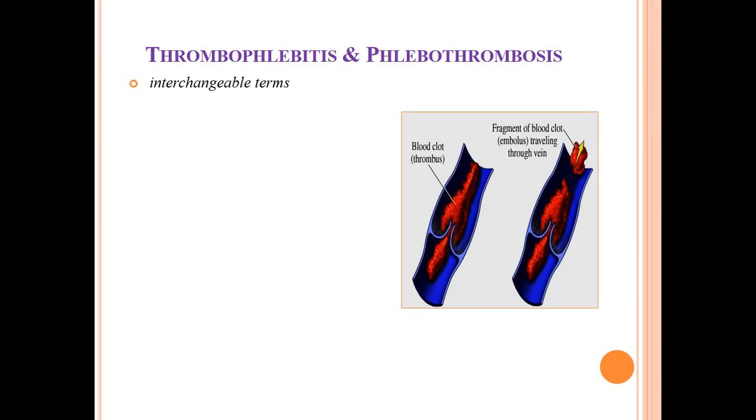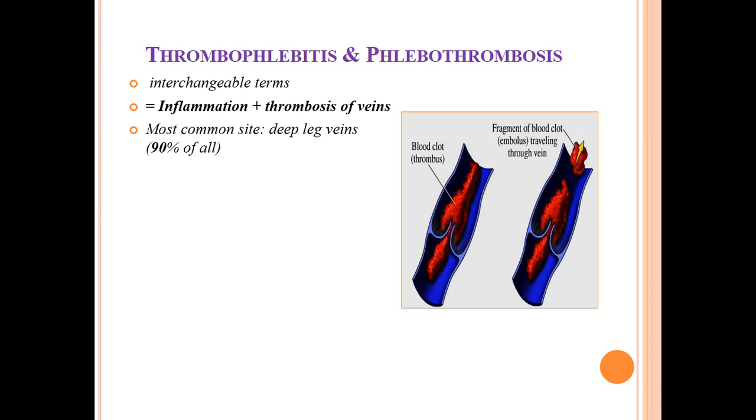Which process happens first? This is questionable and controversial. Some people say that the thrombosis starts first, and this thrombosis will elicit or trigger inflammation of the wall, while others say that inflammation is the trigger that leads to the thrombus formation.